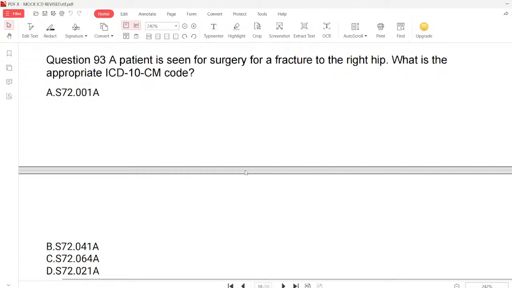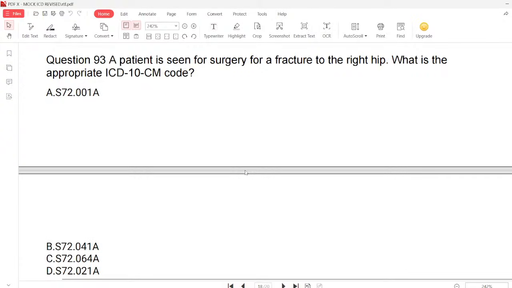And what about 001A? Fracture of the unspecified part of the neck of the right femur. Here also, right hip is mentioned. Okay, B is the correct answer, guys. I have mistaken.